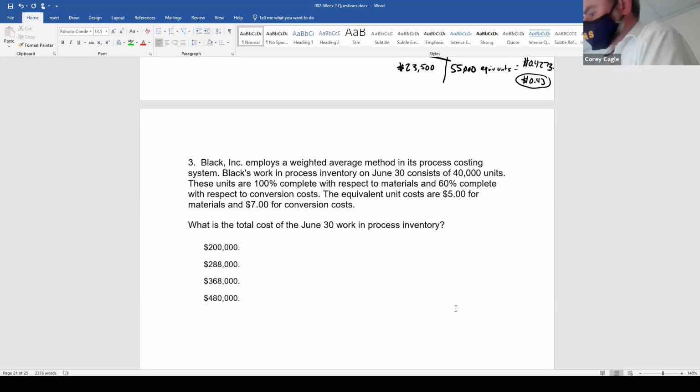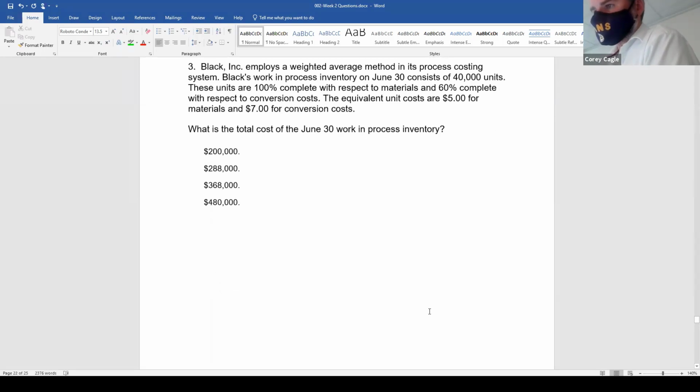Step 1. This is where it comes in handy to keep that in the same format. They got it scattered out all over the place up here. All right, let's read through and see if we can find what units started with and where they ended up and how complete they are.